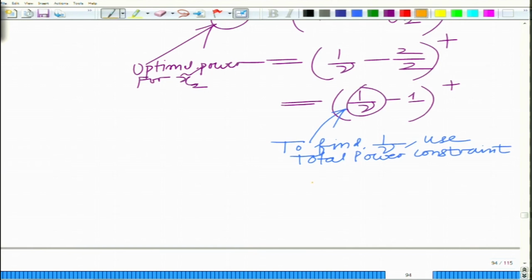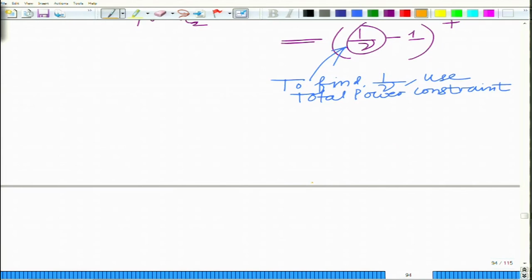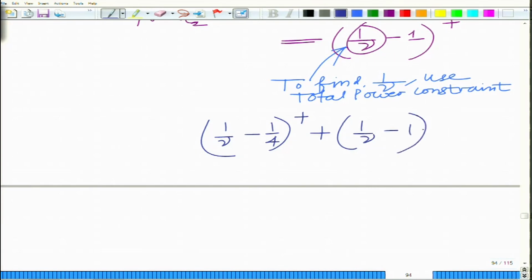So, that becomes 1 over nu minus 1 by 4, plus 1 over nu minus 1, plus, equals 4.